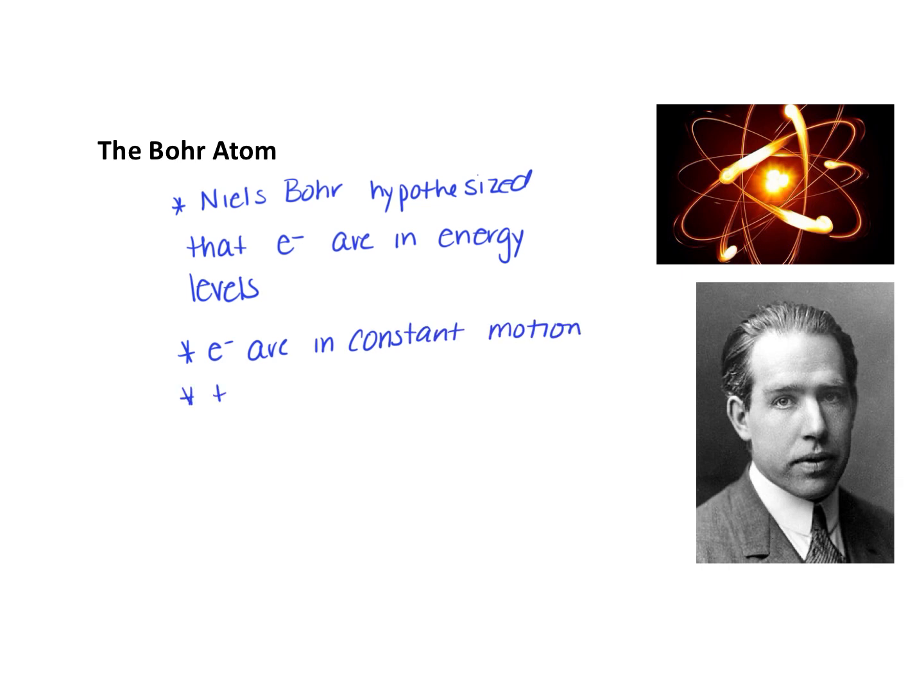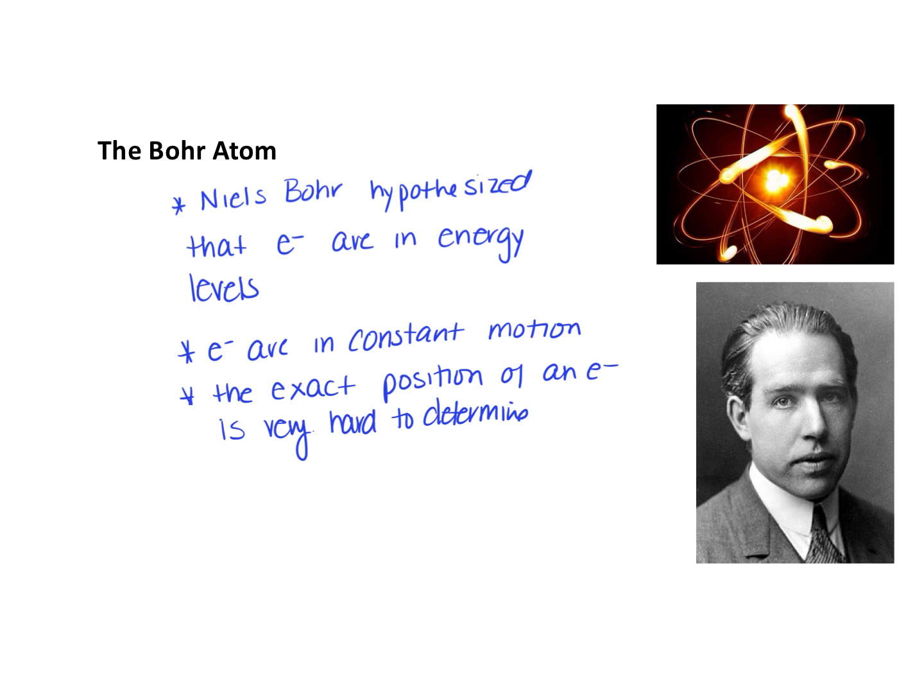And the exact position of an electron is very hard to determine. So instead, when we talk about electrons and where they are, we don't talk about their definite position. We say, hey, the electron will probably be here. So we talk a lot about probabilities.